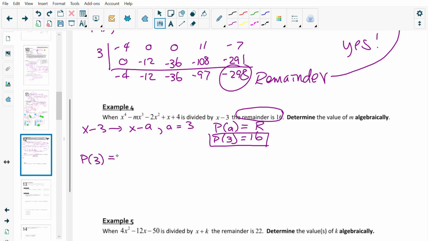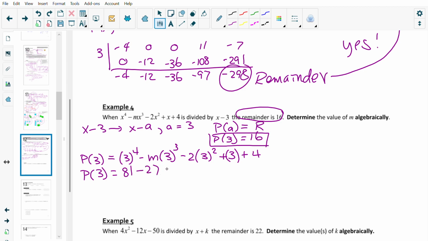I'm going to set up my p of 3 equals 3 to the fourth minus m times 3 cubed minus 2 times 3 squared plus 3 plus 4. Okay, when I evaluate that, let me just simplify some of this.